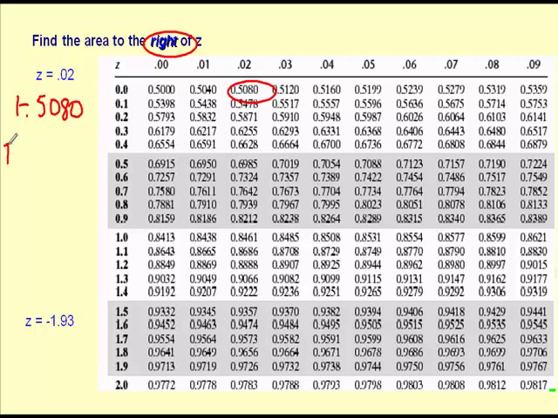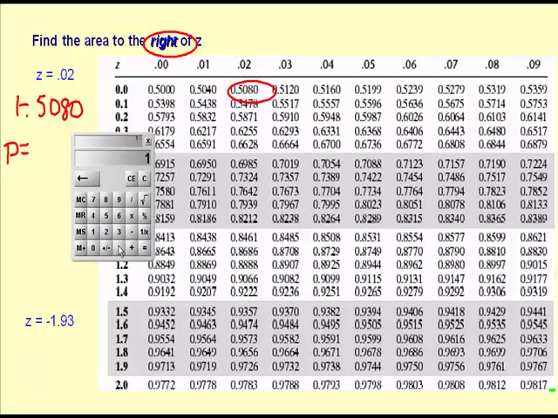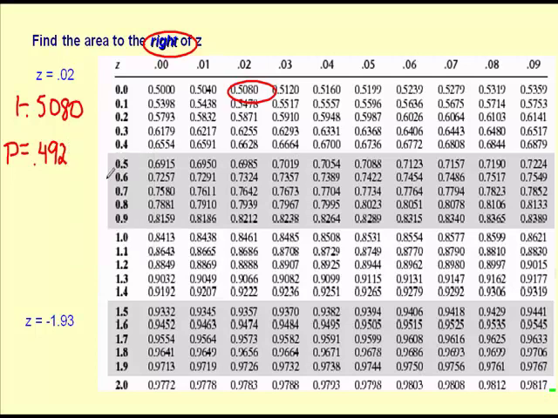And we'll find that the probability is truly 0.492. I caution you once again to think about what that looks like. A z-score of 0.02 would be very close to the mean. Just a little over half would be to the left, which means just a little under half, 0.492, 49%, would be to the right.